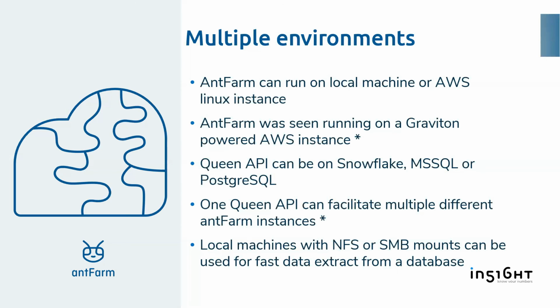For example, this is an interesting fact: we saw antFarm running on a Graviton-powered AWS instance, and we were glad to see that performance did improve. The improvement was about 30 to 40% on the load speed.